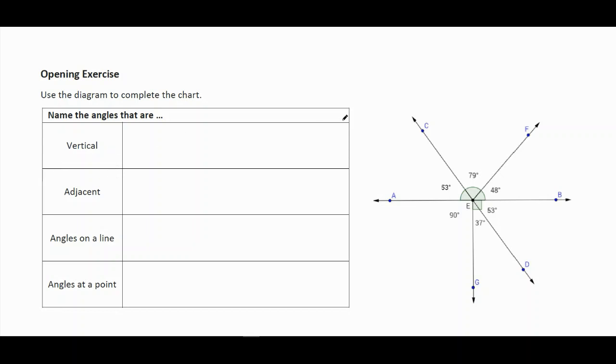Vertical angle. As you can see here, angle CEA is vertical to angle BED. So angle CEA is congruent to angle BED. If you see that, you can also say that the other side, this one and this one, are also vertical angles.